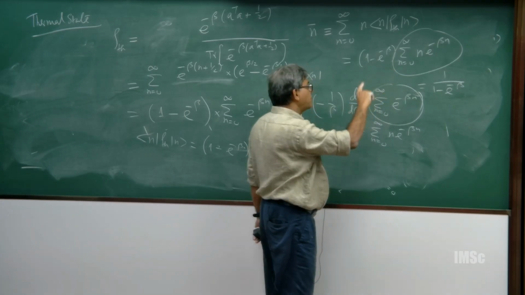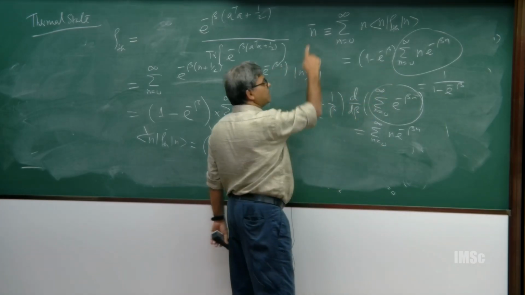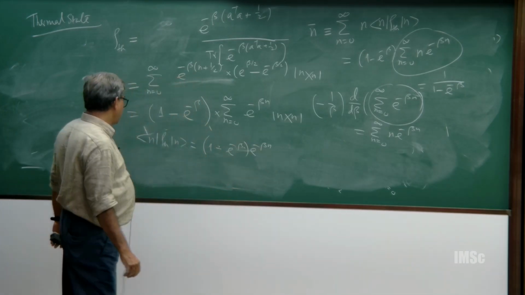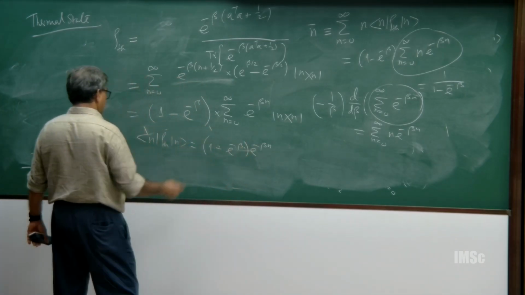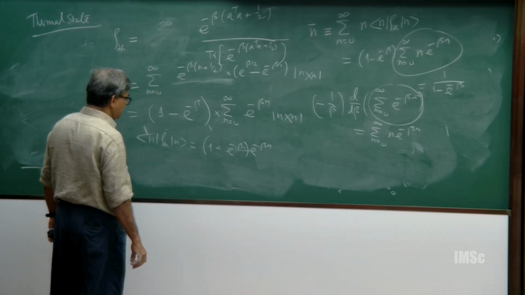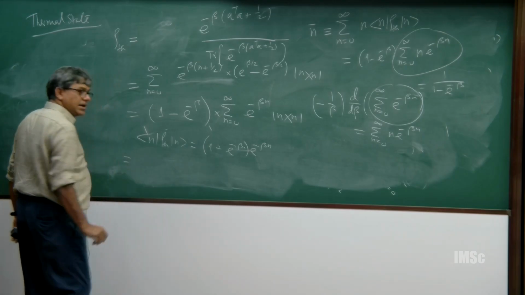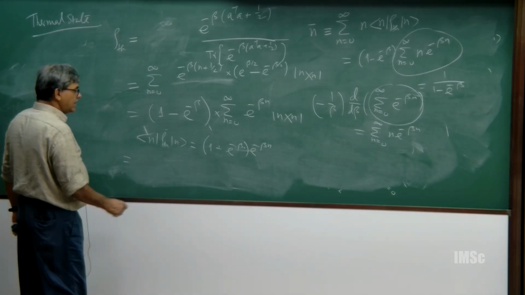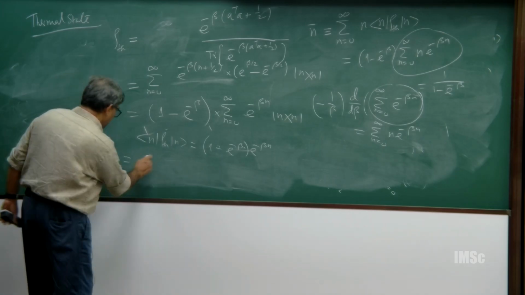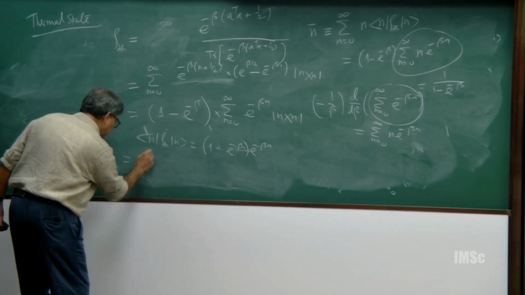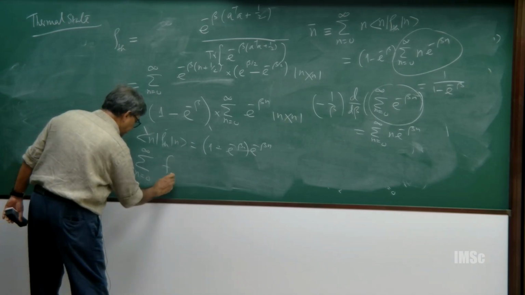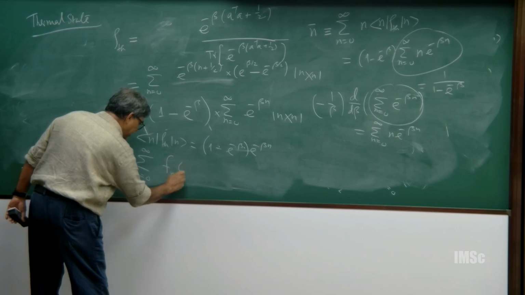So, anyway, you can figure out what is the value of this. From there you replace beta in terms of n bar, because that is the quantity that you will get. What you should get here is, maybe let me write it like this. So, this is n bar, sum over n equal to 0 to infinity, there will be some function, I mean sequence, depending upon n bar.